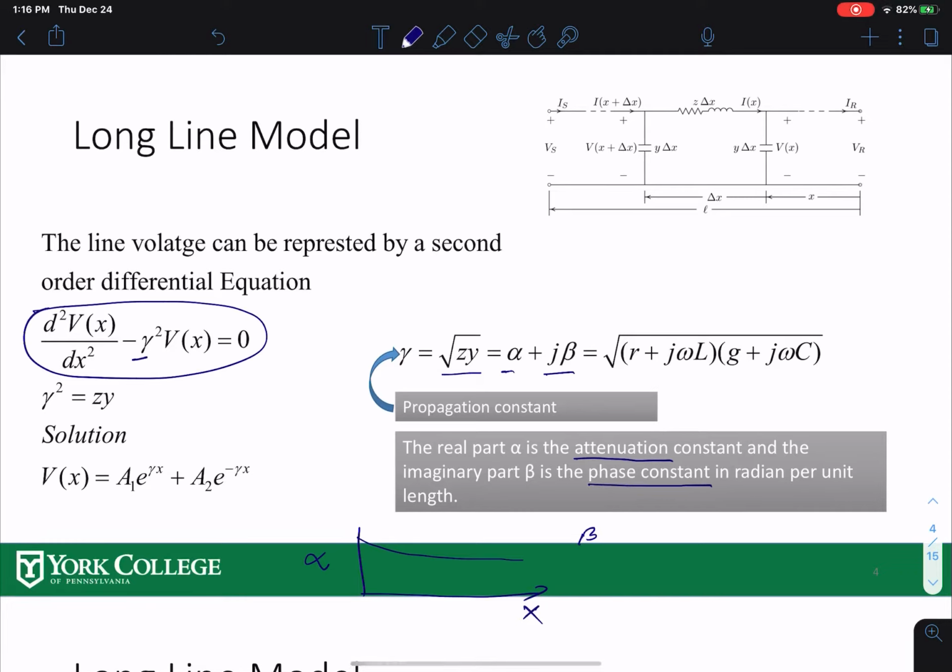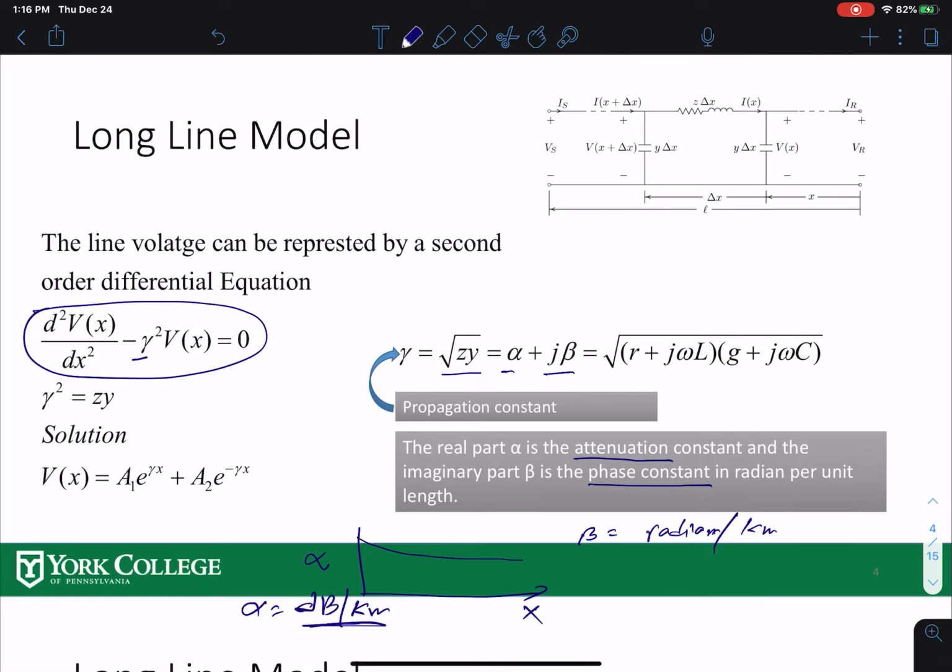That means how your phase is changing with the distance along the line from your reference. Its unit is radian per kilometer, and alpha is in dB, or magnitude, per kilometer. Those are the units for alpha and beta.